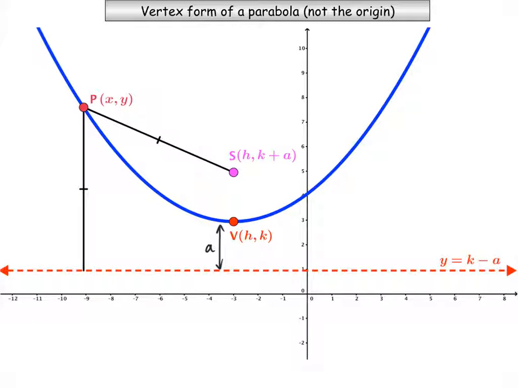So the directrix has equation y equals k take away the a value. So that's why we've got k take away a. And this point M, which is obviously perpendicular, has the same x value as our point P, and the y value sits on the directrix.